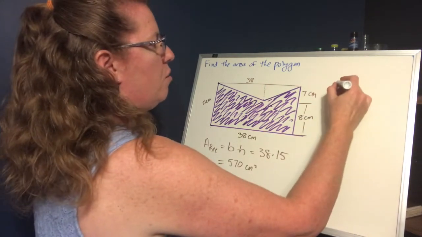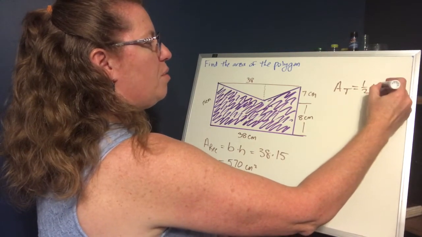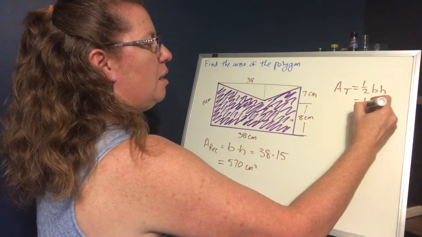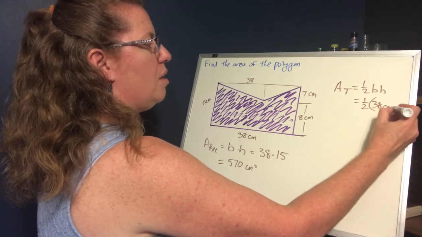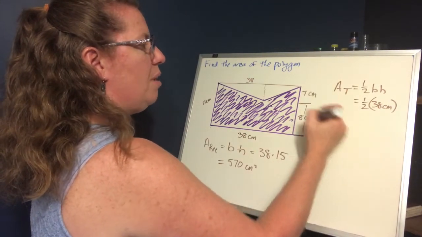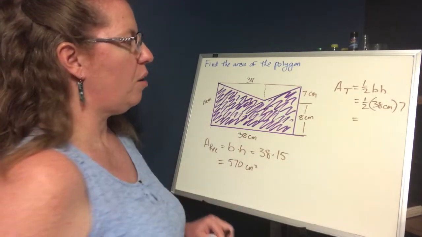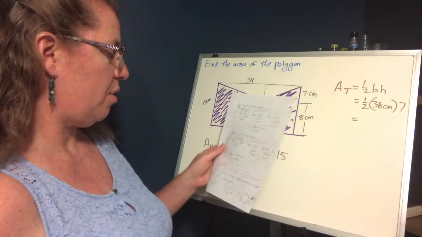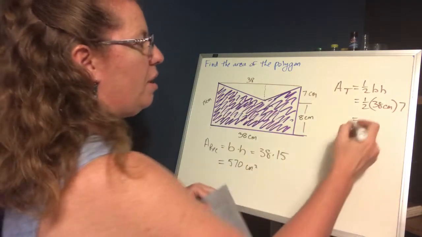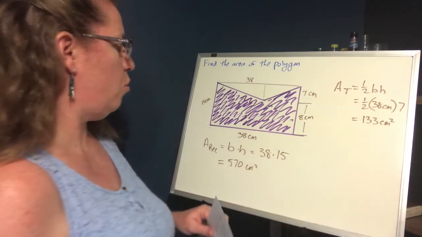So the area of my triangle is 1/2 base times height. My base again is the same 38 centimeters, and my height is going to be 7. So we multiply across, 1/2 times 38 times 7 is 133 centimeters squared.